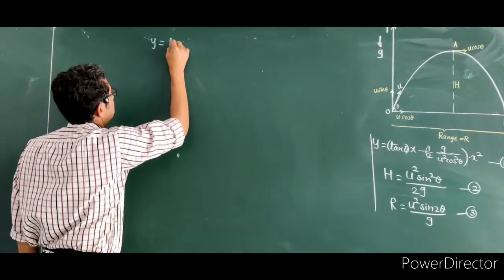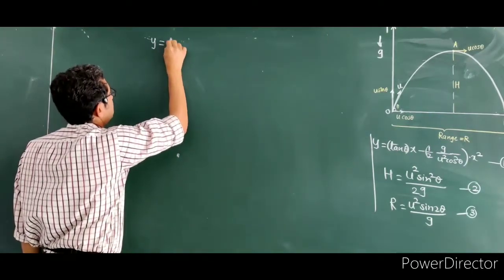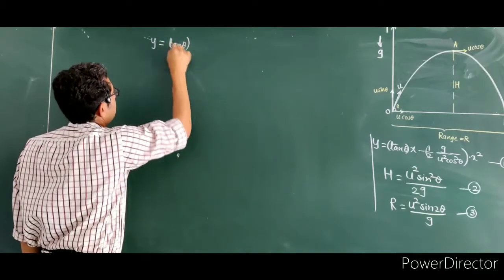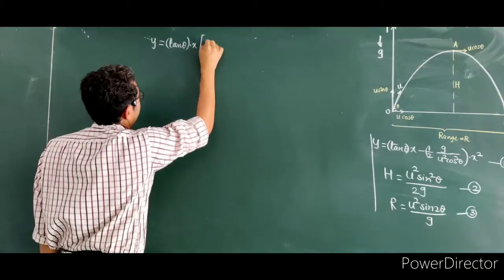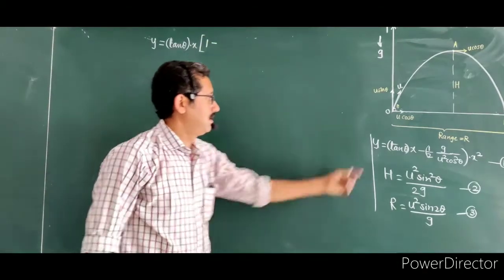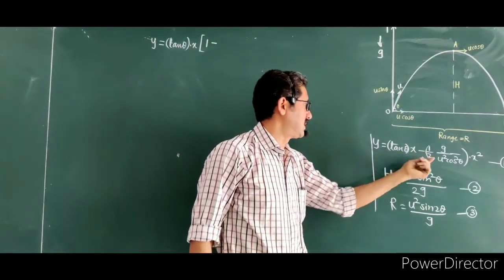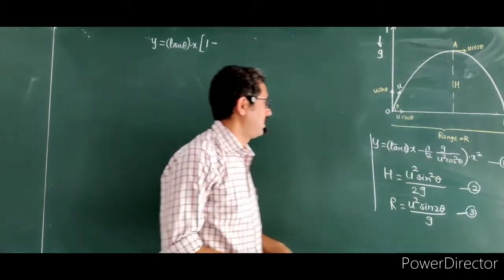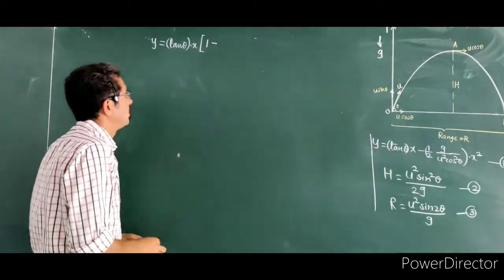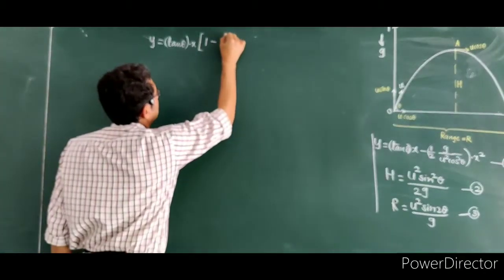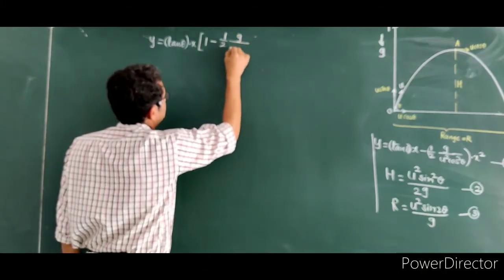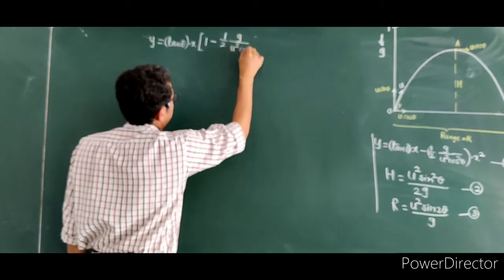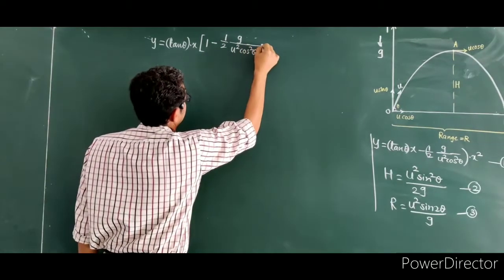So I take tan theta into x common, and inside the bracket we will be left with 1 from here, minus all this term is going to be there, minus half g upon u squared cos squared theta.